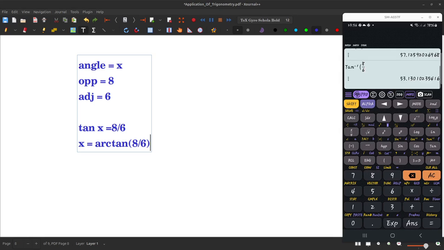It's 53.1 degrees. So your x is equal to 53.1 degrees. And then for the bearing, we use 3 figures. So the bearing is going to be 053.1 degrees. Like that.